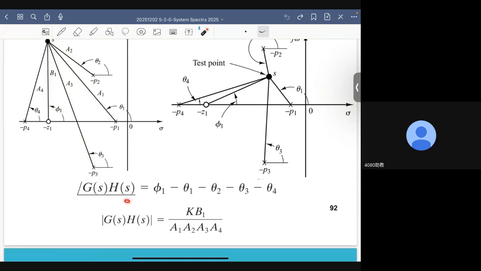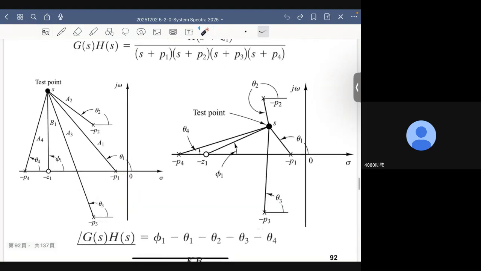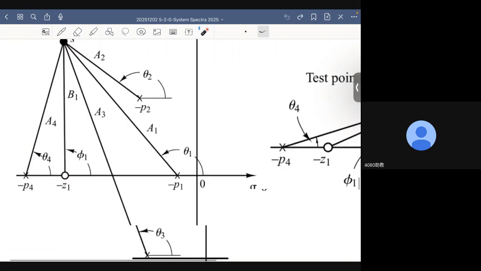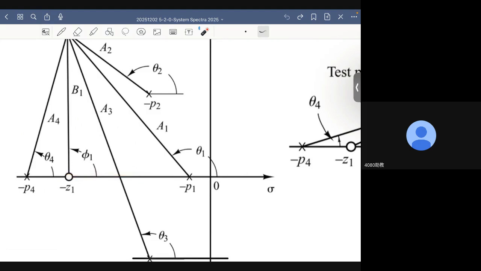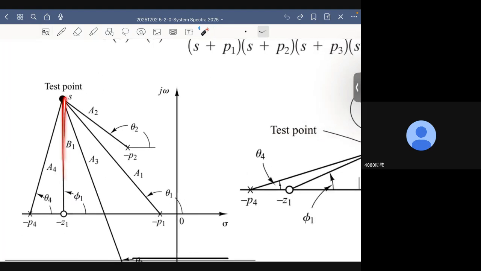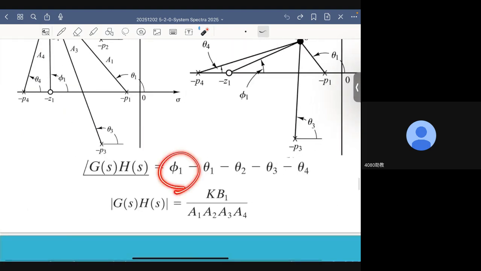Similarly, the next thing we want to do is to determine the angle of the loop transfer function, all right? So again, we go back to these vectors. But this time, the focus is not on the length, but on the angle. For example, the angle of this vector, which connects s and minus Z1, is phi1. So what we have is phi1.